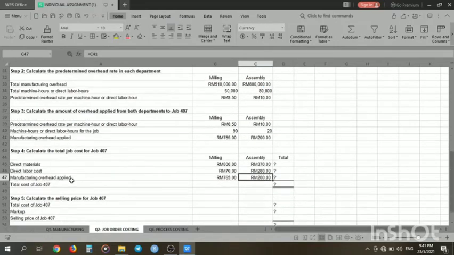For manufacturing overhead applied, we just took the amount from the previous step, which is for milling 765 ringgit and assembly 200 ringgit.